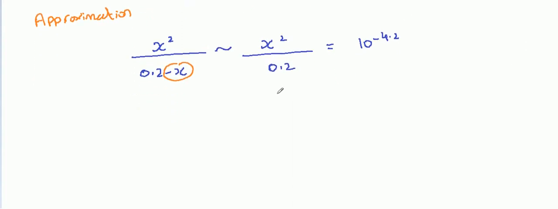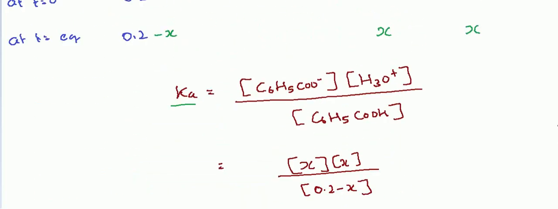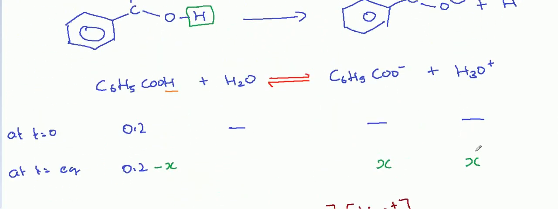Now, I have x squared is equal to 0.2 times 10 to the power of minus 4.2. I can just take the square root of this number. I obtain 3.55 times 10 to the power of minus 3. Now, what is x here? x is the final concentration of H3O+. This is what we obtain here.